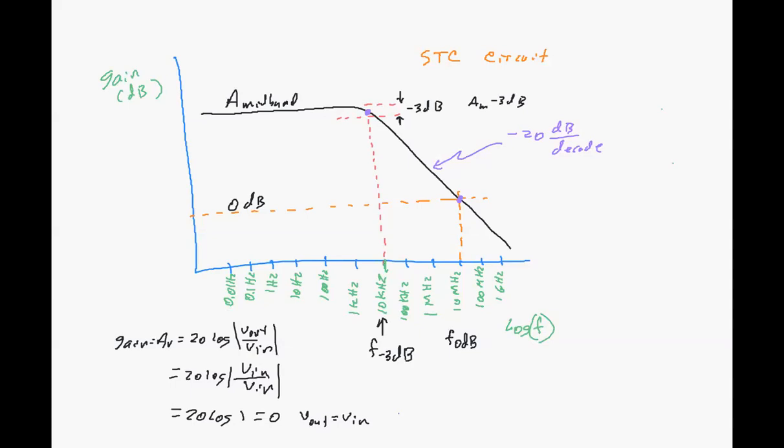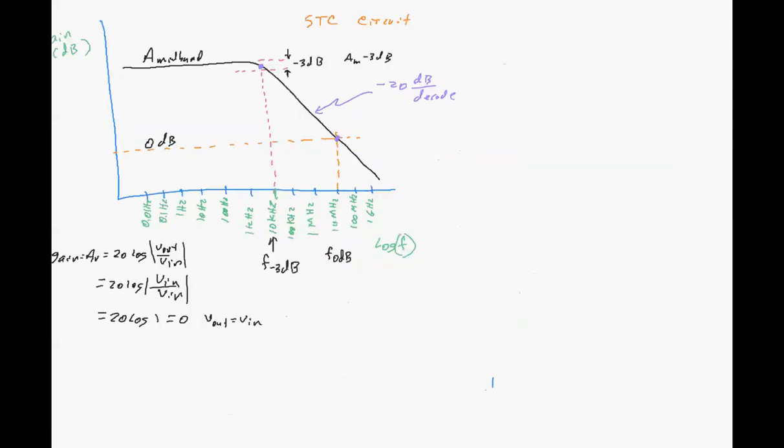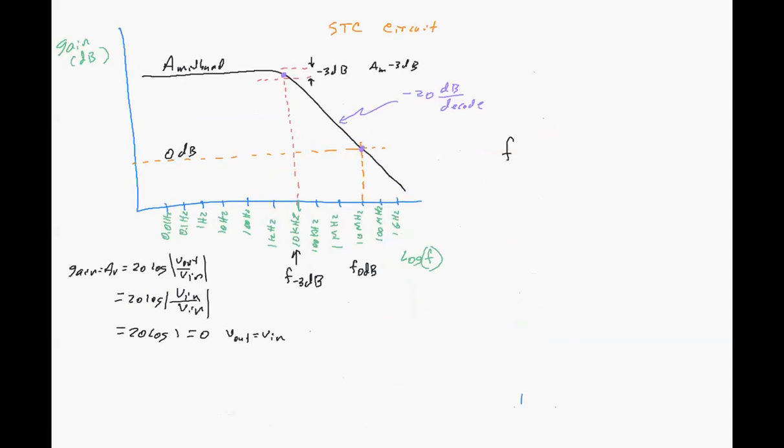And if we happen to know that f0 dB is equal to 10 megahertz, and we have a single time constant circuit like this, and f minus 3 dB, for instance, is equal to 10 kilohertz, like I've shown here, we can work out what AM is.